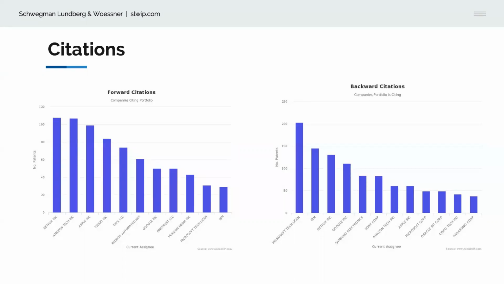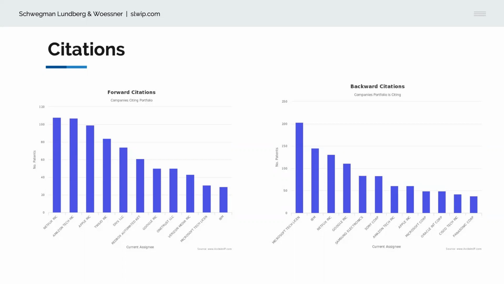Particularly the forward citations, which companies' patents these patents are being cited against, is helpful, because if there are some competitors on that list, that might be one indication of value to our client. In the example here, Netflix is citing back to this portfolio heavily, and if you're in the streaming video field, that's a very interesting input.